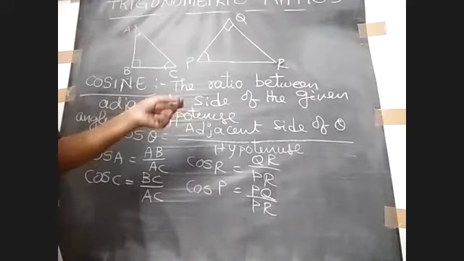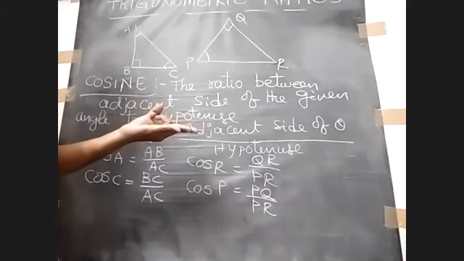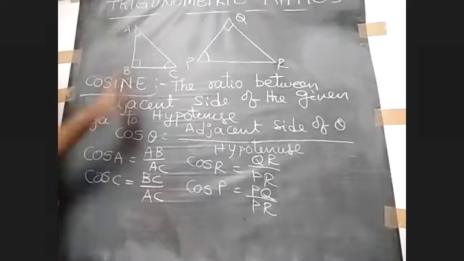That is why we take only three ratios: sine, cosine, and tan. Okay, next ratio is tan. Write this down in CW.